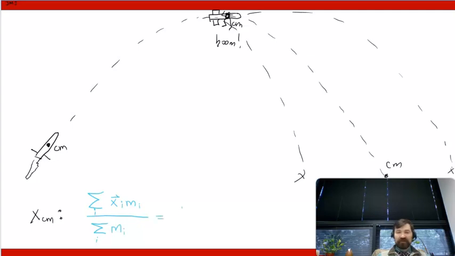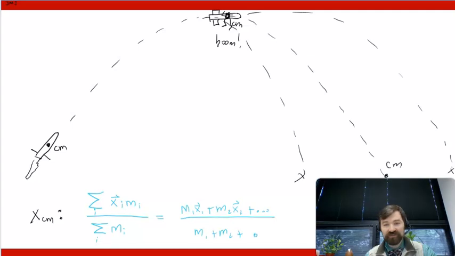So this would look like m1 x1 plus m2 x2 plus, however many pieces you have, divided by m1 plus m2 plus m3, etc., however many pieces of mass you have. And again, I would like to address this specific problem in a future video without necessarily addressing it in depth in this one. This is meant to be kind of a short overview.